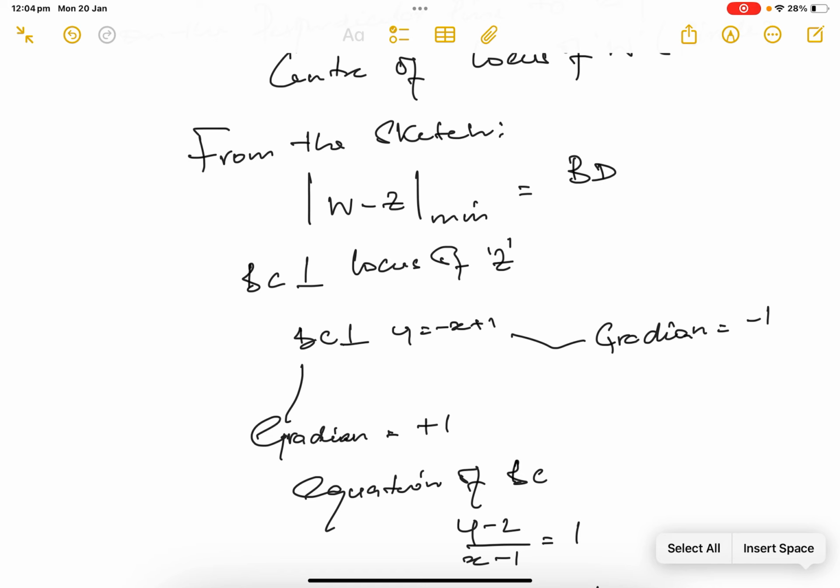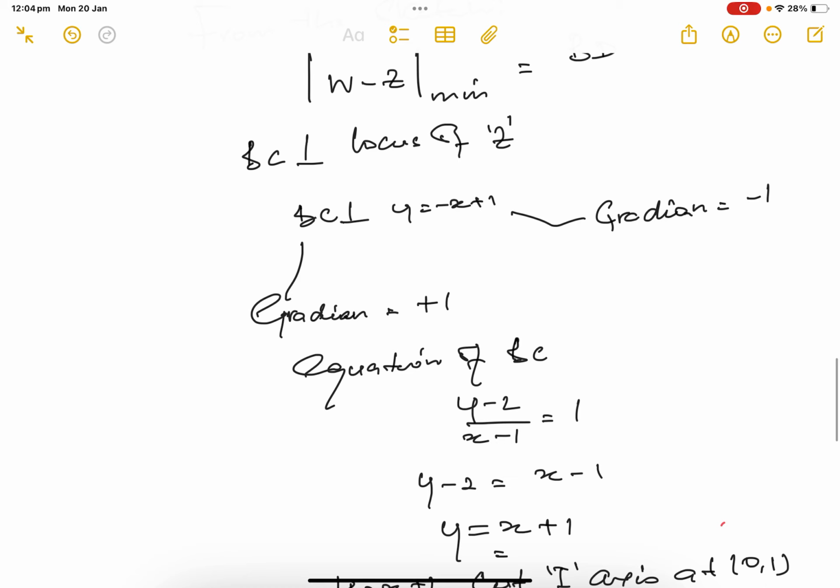So the gradient of that Z locus is minus 1. And because they are perpendicular, the multiplication of the gradients is minus 1. M1 times M2 equals minus 1.